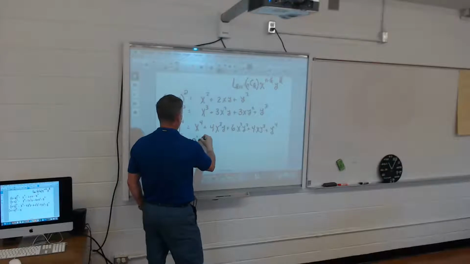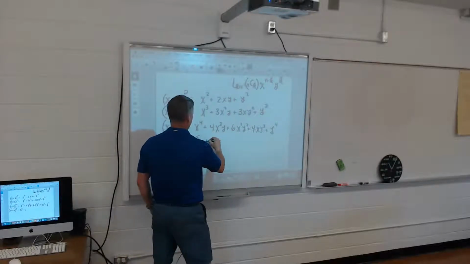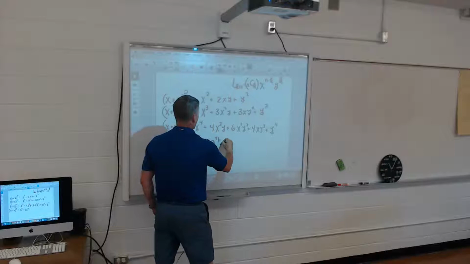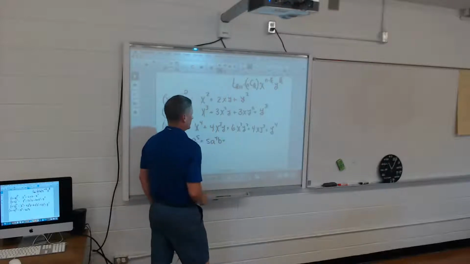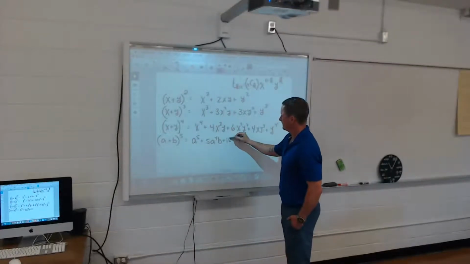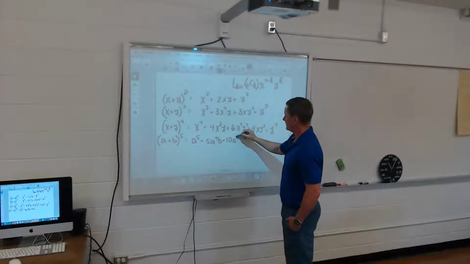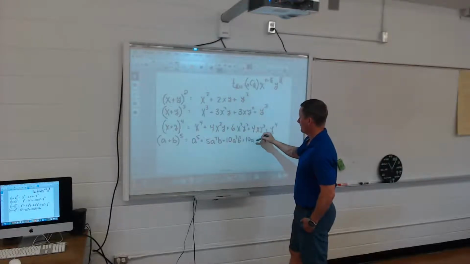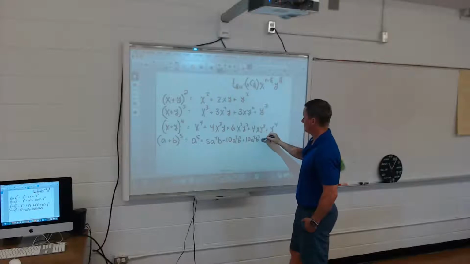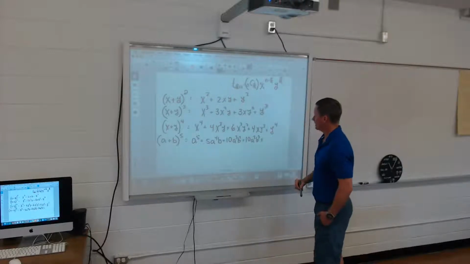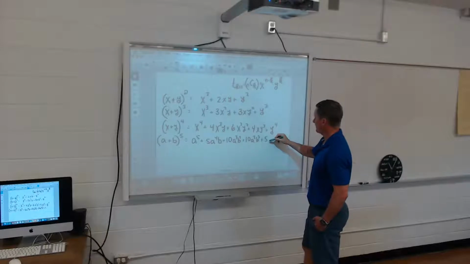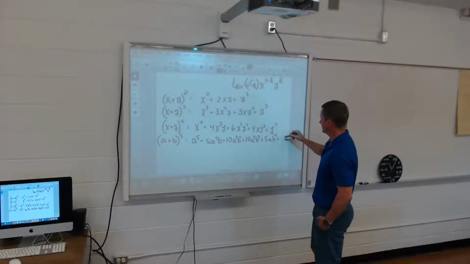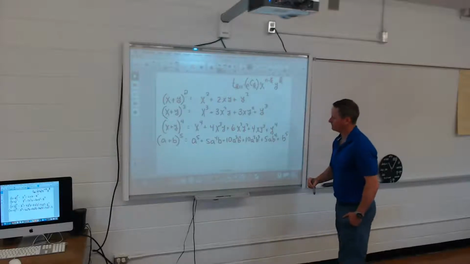So a to the 5 plus 5a to the 4 b to the 1 plus 10a to the 3 b squared plus 10 again, a squared b cubed plus 5ab to the 4th plus b to the 5th.